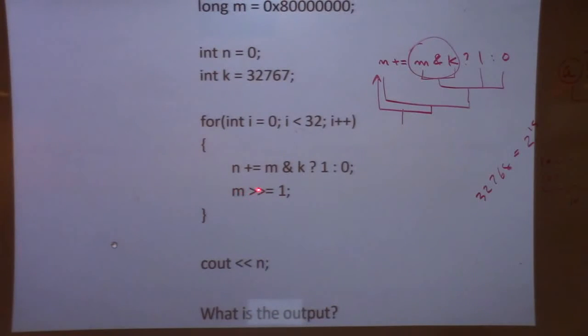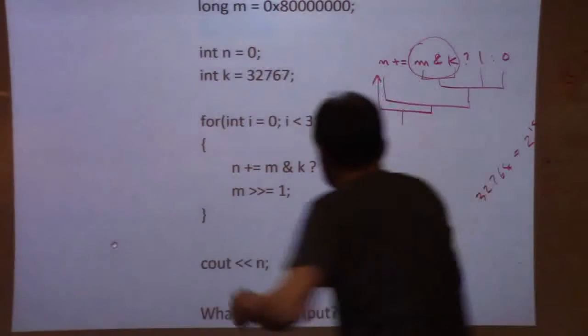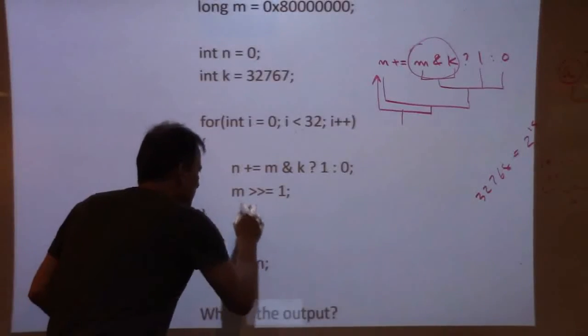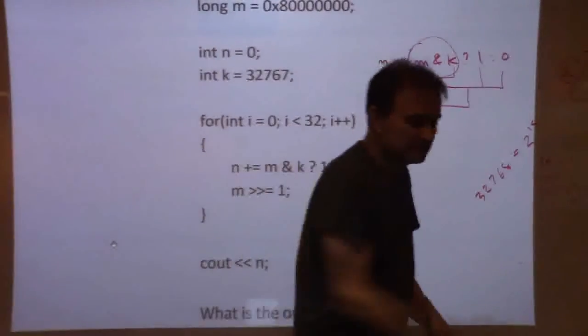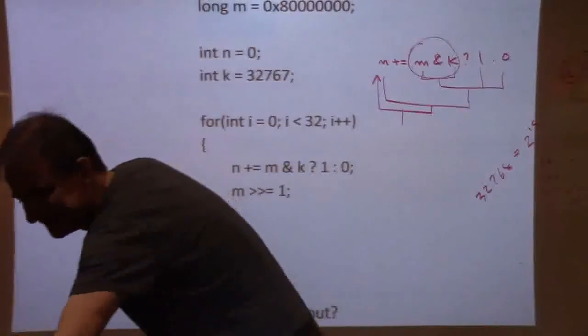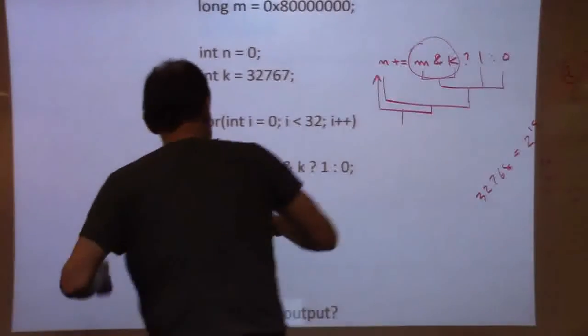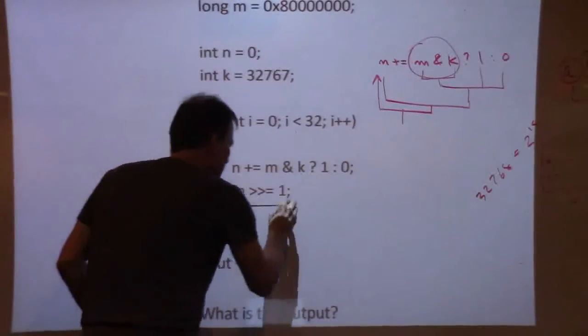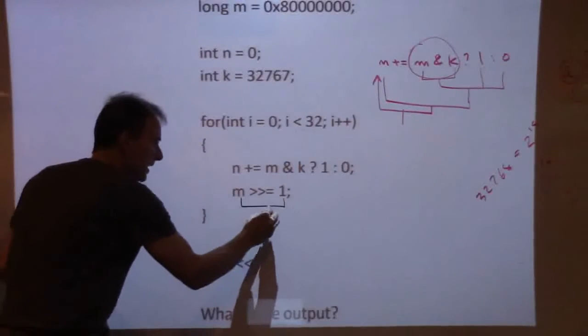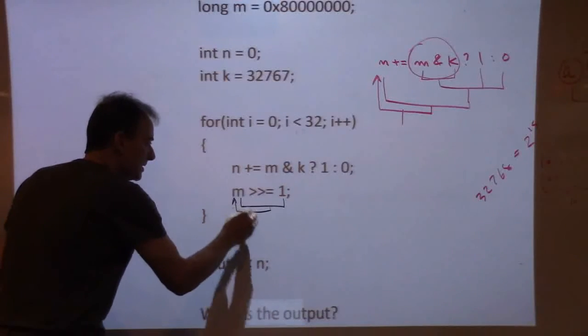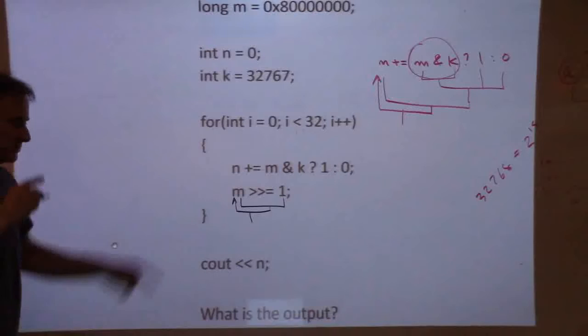Now what am I doing? I'm shifting m to the right by 1, and then I'm doing a side effect on m.